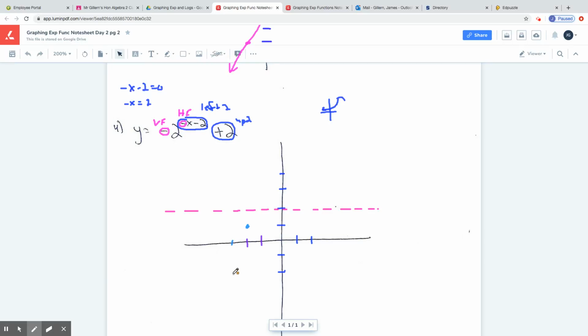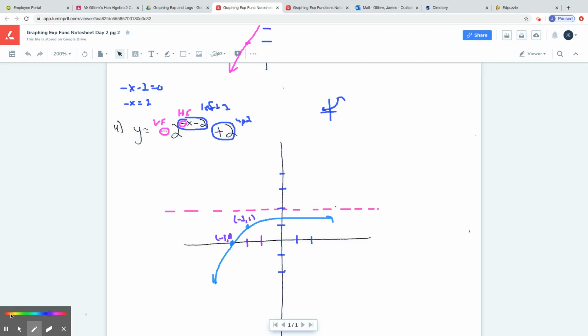And then I need to move up 2, which means I'm going right there. And the graph looks like that. And my points are, like I said, -2, 1, and -3, 0.